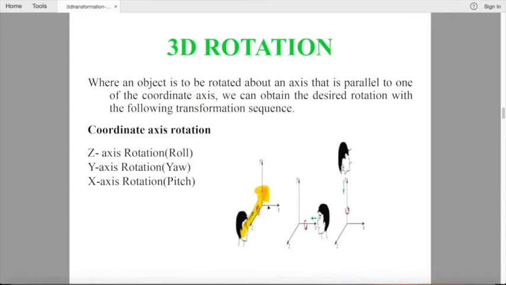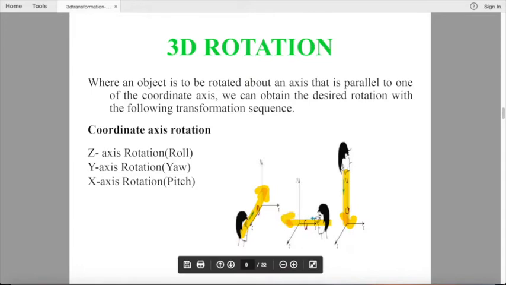And Y is called yaw, when the man looks down, and this is the way that Y will rotate. X is called pitch. So it will rotate in this way.